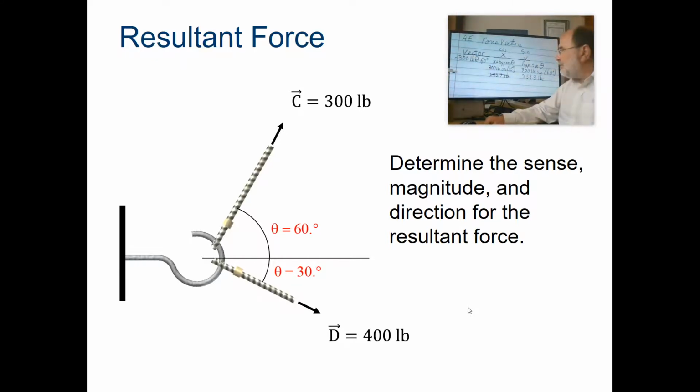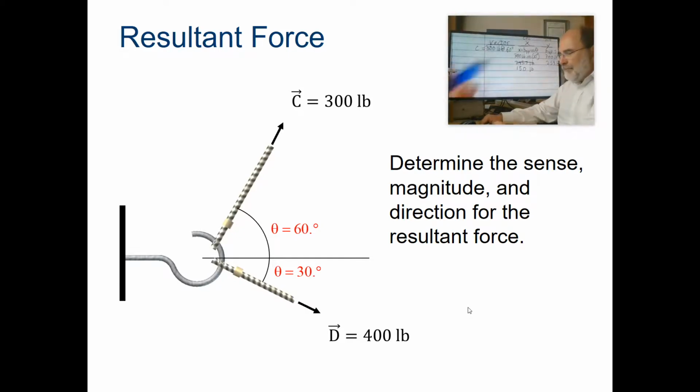For the x component, realizing I typed in the wrong angle, I will now correctly type in 300, at least I hope correctly, cosine 60. By the way, the cosine of 60 degrees is 1/2. So I expect the answer to read 150. Bloop, it does. 150 pounds is the x component of vector C.